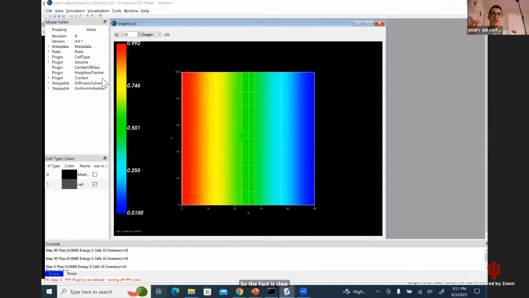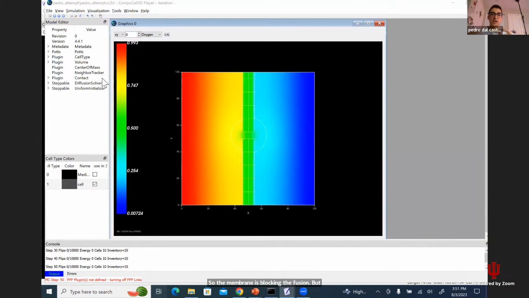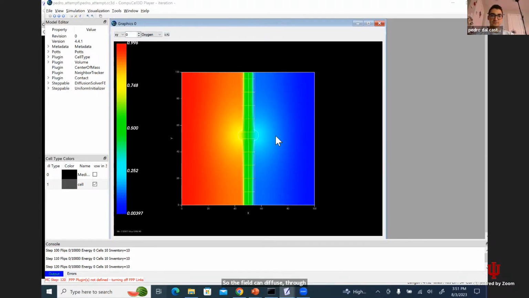So the membrane is blocking diffusion, but there is a hole in the membrane. So what will happen? So the field can diffuse through the channel, and it diffuses much, much slower through the rest of the membrane where there are no channels.